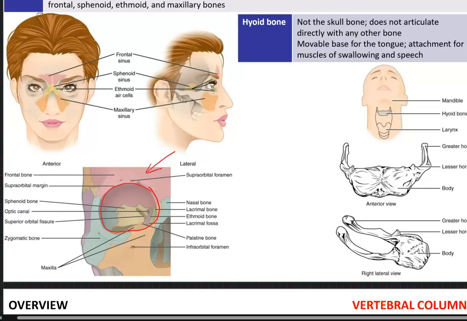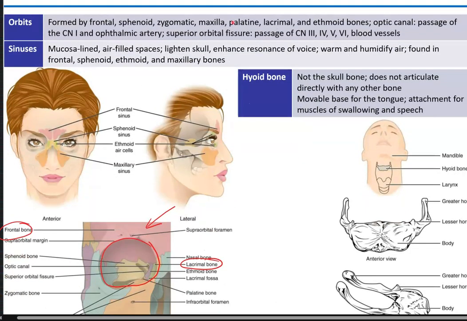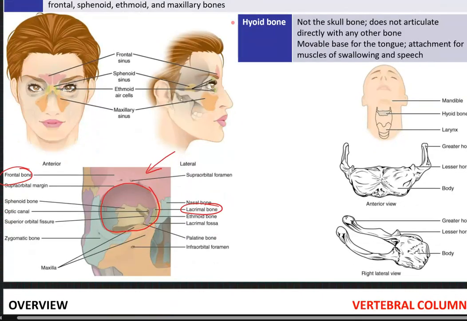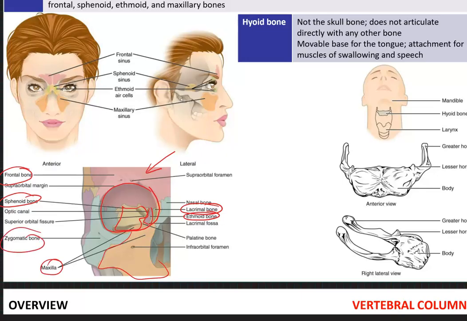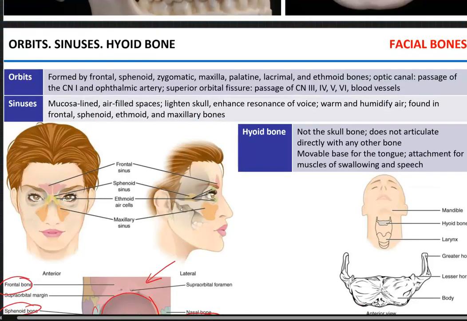It is the frontal bone, the lacrimal bone, sphenoid bone, a little bit of ethmoid bone, maxillary bone, zygomatic bone, and a little bit of the palatine bone. Okay, palatine. Contribution of palatine bone is rather small.